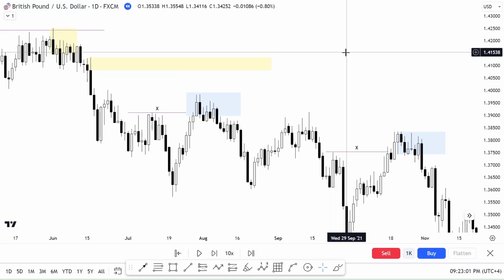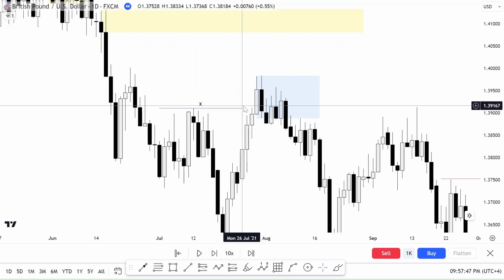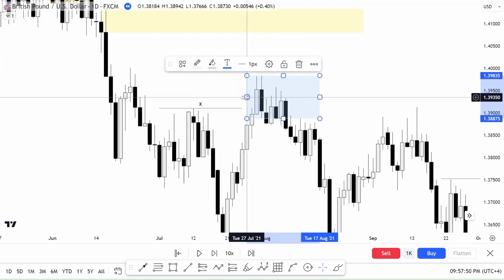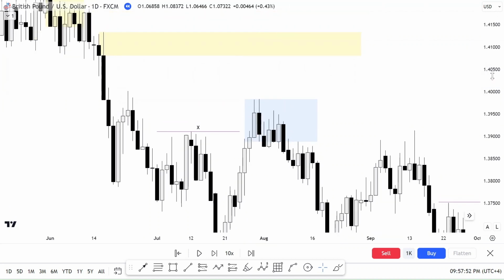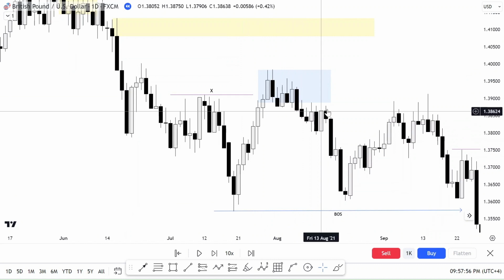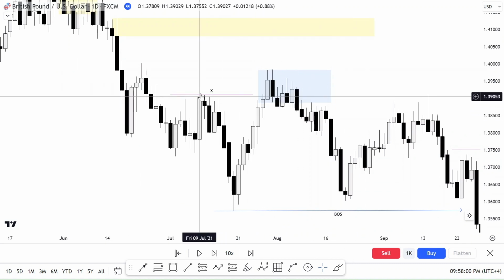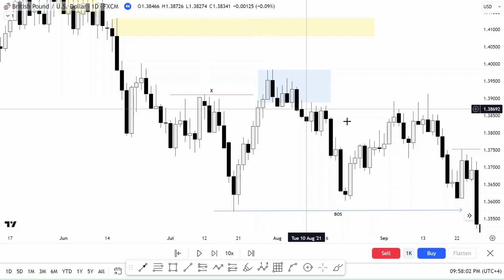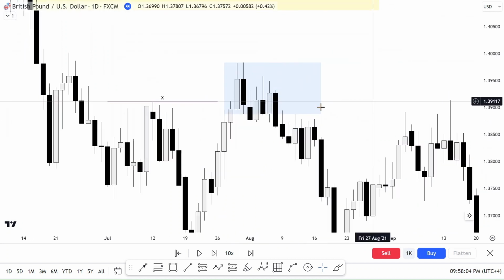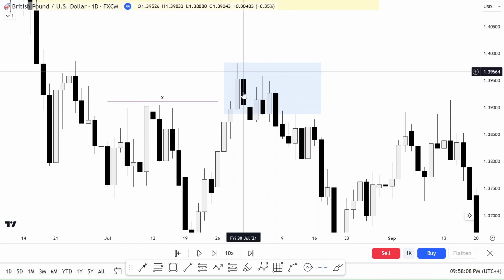So what you can do, after the market takes the liquidity, you need to look for whether the market did not tap. How would you know that the market did not tap? Because the market already started to shape a single candle order block. So in this scenario, after taking the liquidity, you can see this candle here, and actually this candle even took the previous candle high.